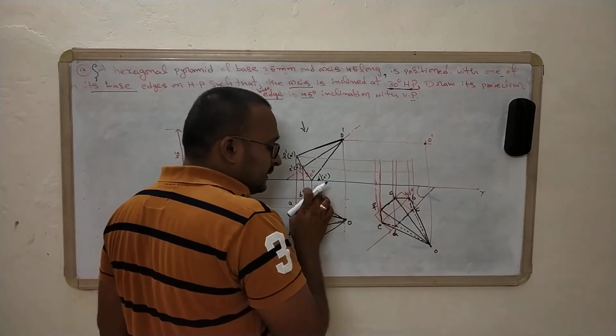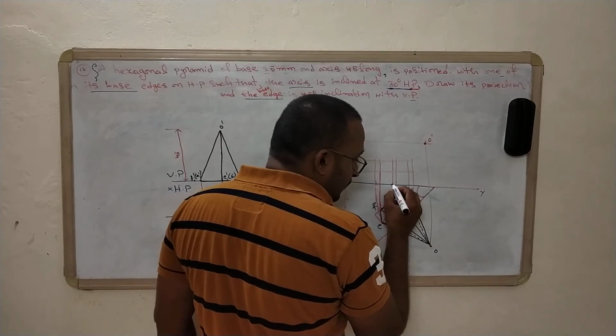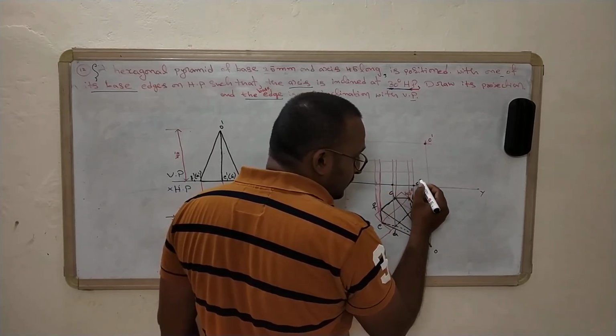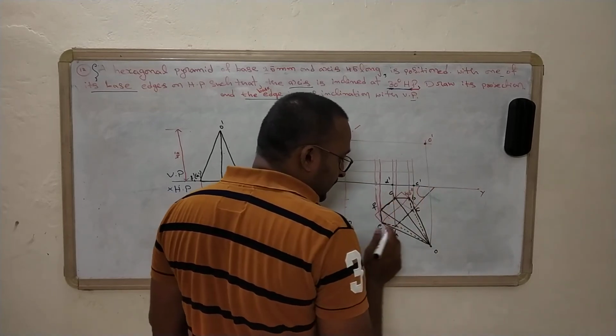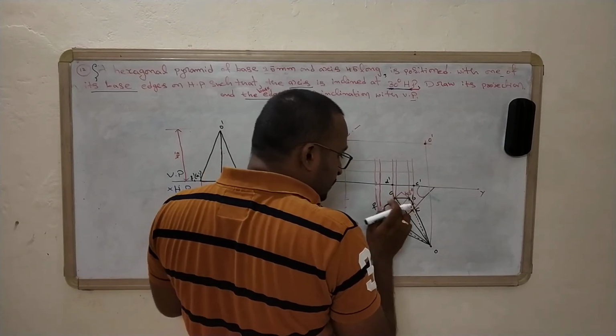So here it is, DC lies on D, here this is the C, D dash, C dash, and then there will be E dash, B dash.